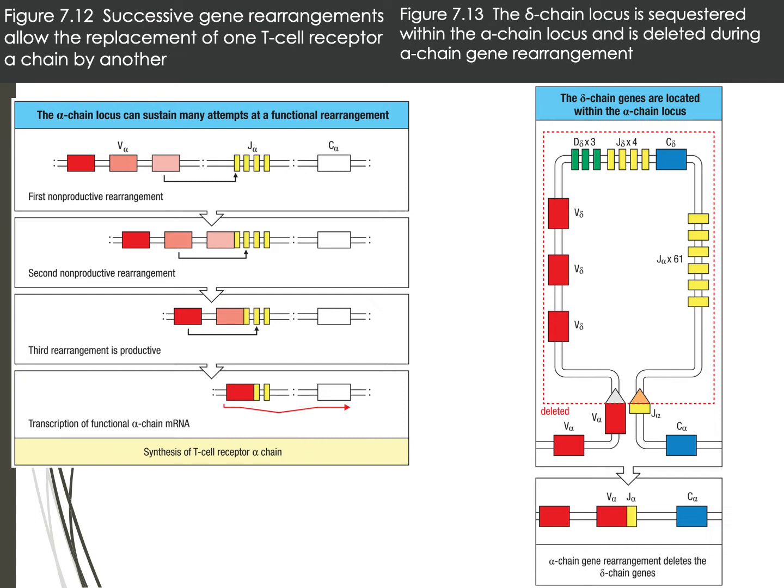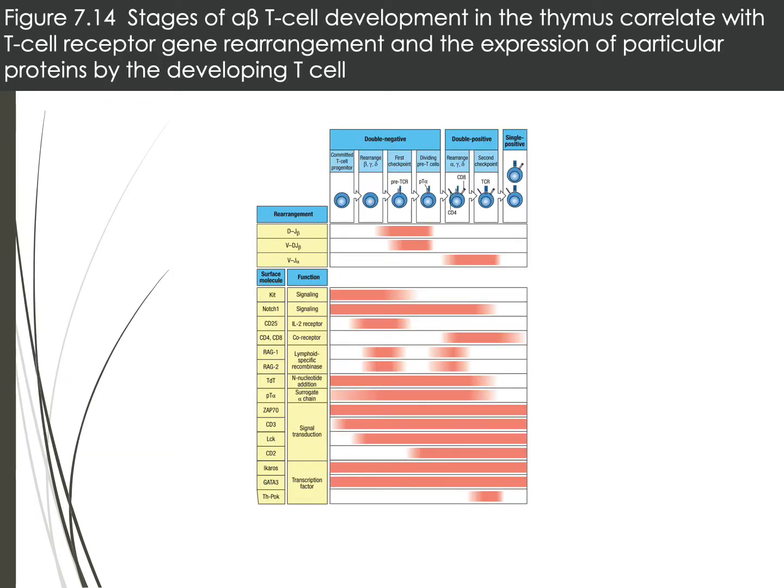And again, the whole idea is that you're taking RAG1 and RAG2, holding the DNA in position so that cuts can be made and additional segments can be removed, again in hopes to yield a productive T cell receptor. Just like B cells, not all T cells are successful at doing this. So if they fail to rescue their T cell receptor through these additional rearrangement events, then that would mean that the T cell would go into apoptosis.